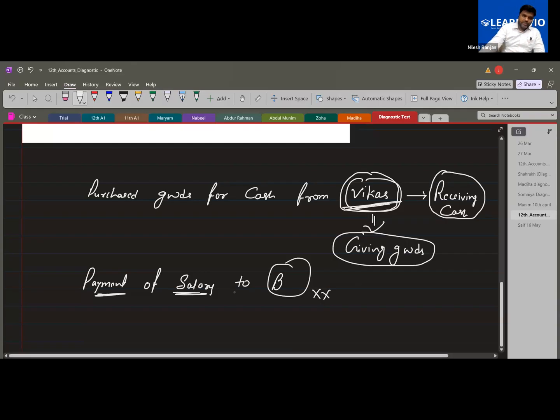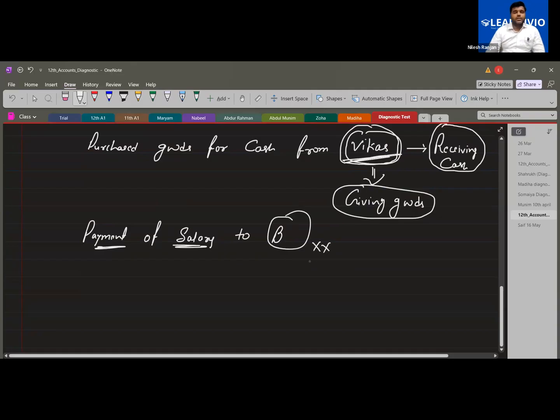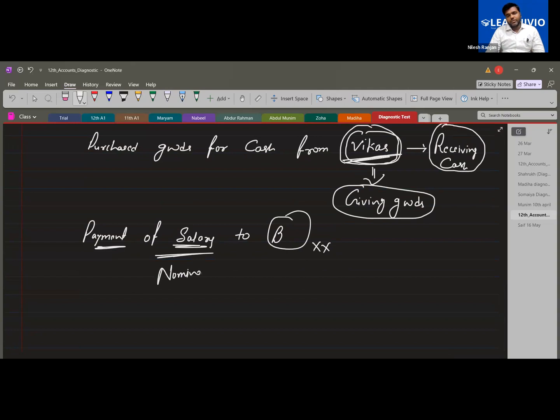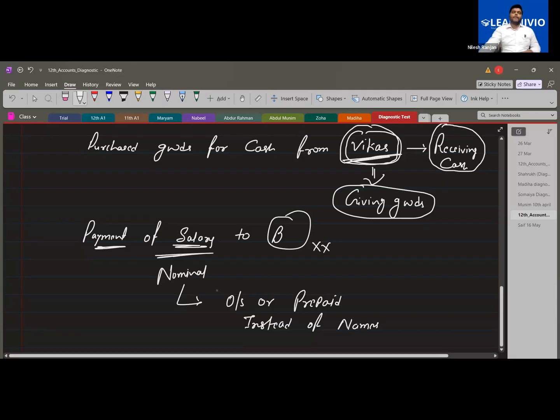But payment of salary to B is an expense transaction, a nominal account transaction. For a nominal account, we always write outstanding or prepaid instead of names. So if there is a nominal account, then we don't use names. These are some rules for journal entry. You have to remember these rules.